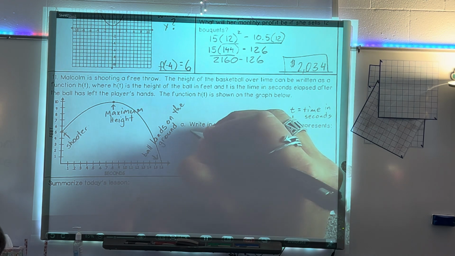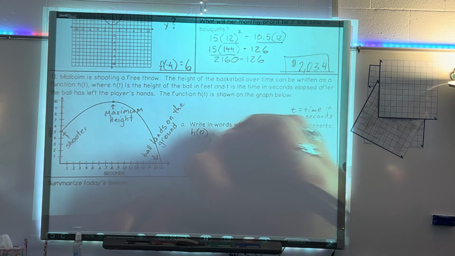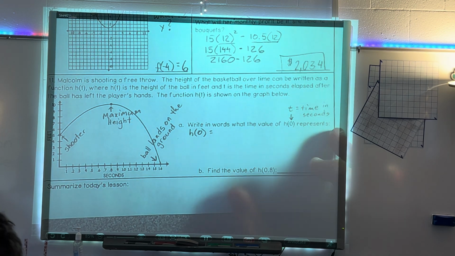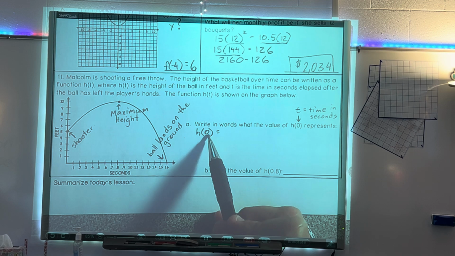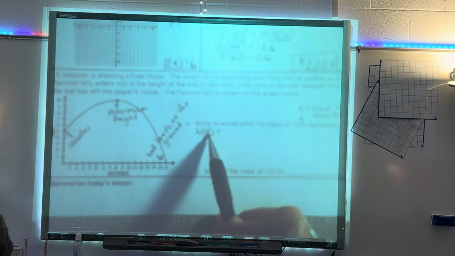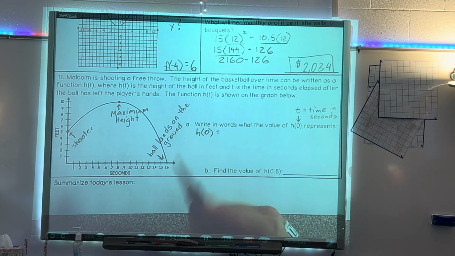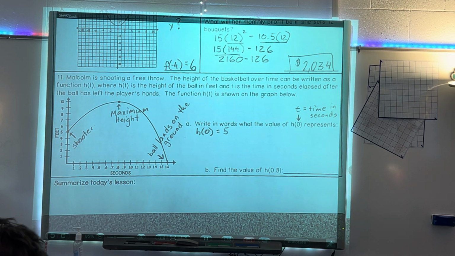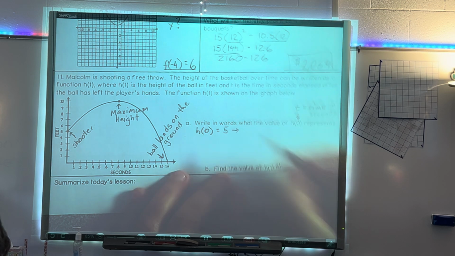All right, so h of 0, what's its value? No, 0 is the x value, or the t value. Oh, 5. It would be at 5. Does that make sense? So h of 0 is 5 because no time has passed, the ball hasn't left his hands yet, right? So when they ask you to write in words, what are you gonna write there?